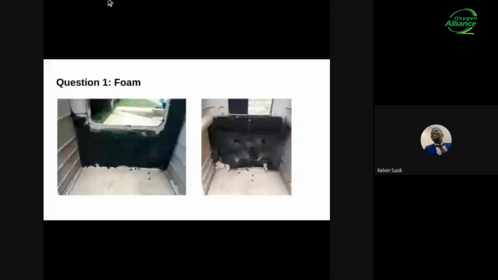Thank you, Naomi, and thank you for the question. So the Devilbiss 515 covers are coated with a type of foam, and this helps in reducing the noise produced by the machine. So the graphics show the foam that is found on the Devilbiss covers.